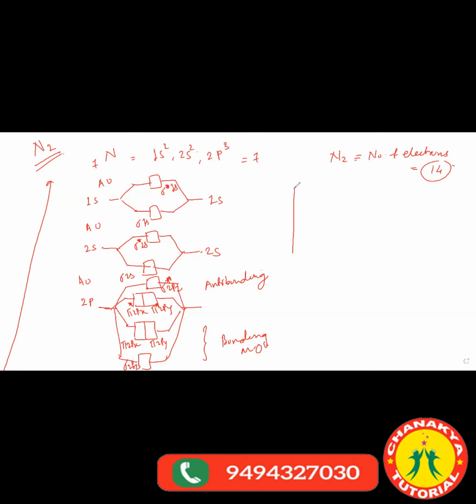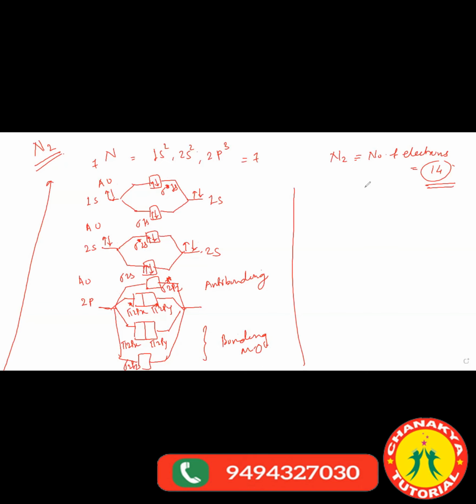Now, what would be the sequence? How many electrons should you fill? Total 14 electrons, right? Here 2 electrons, 2 electrons go directly here. 1, 2, 3, 4. Correct? Here also 2 electrons are already present, so they will also go here. Total 4 and 4, 8 electrons have gone.